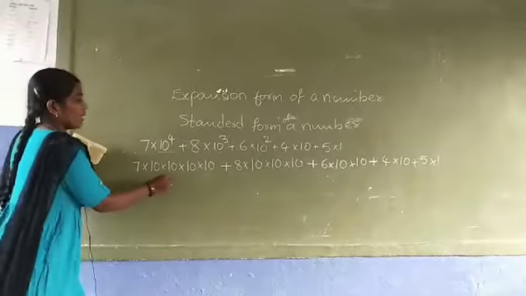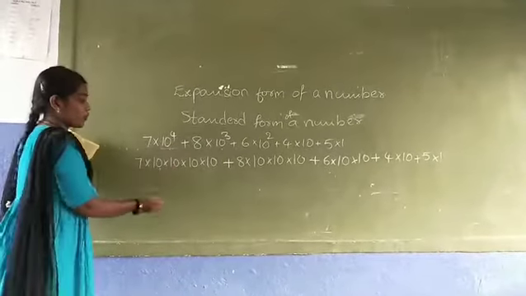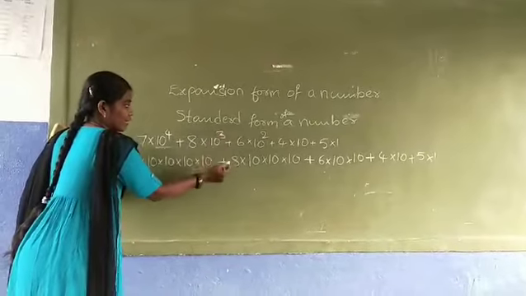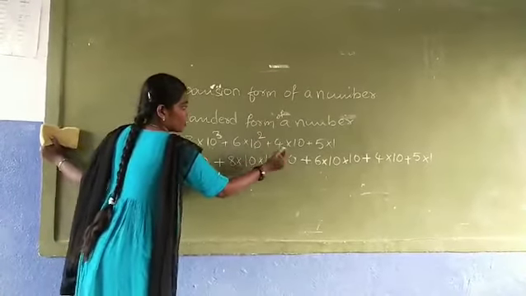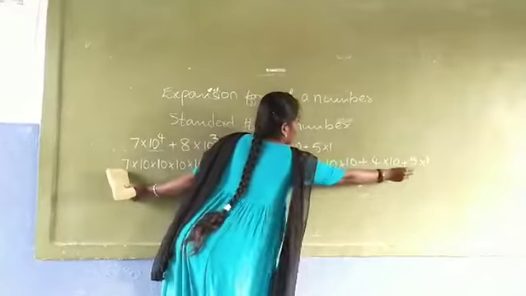First you can write like this. Here we have 10 to the power of 4, that's why we are writing 4 times. 10 cube, 10 to the power of 3, that's why we are writing 3 times. 10 to the power of 2, that's why we are writing 2 times. Here only one 10, I am writing the same, and 5 into 1.